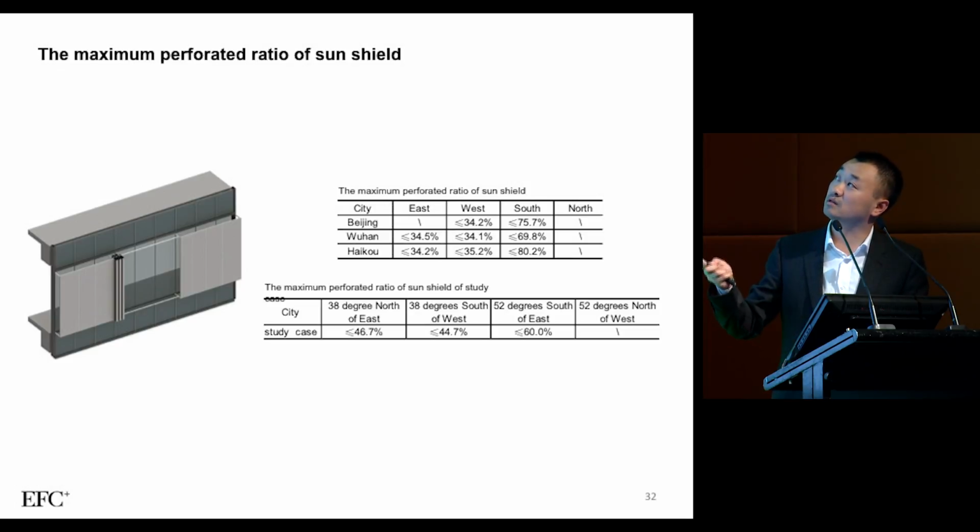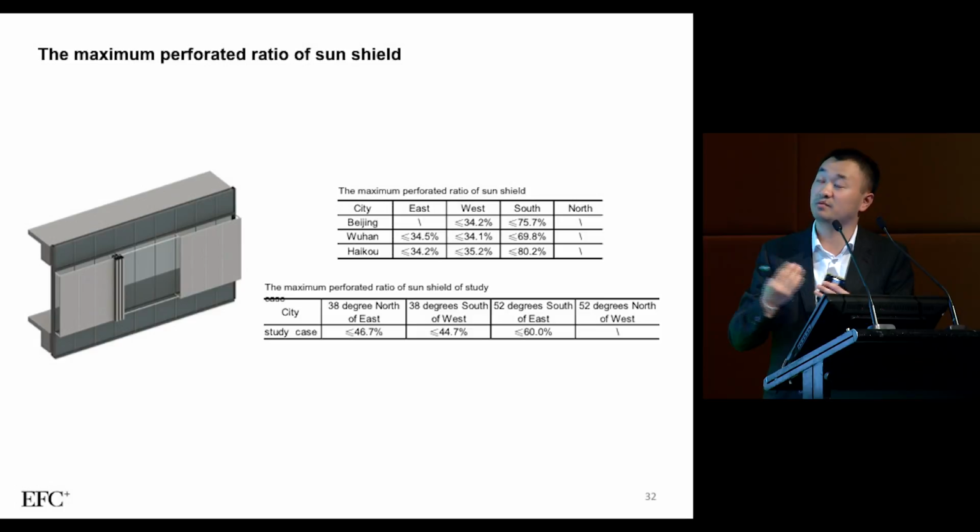So in Beijing, for the west side and the south side, the perforated ratio is suggested to be less than 34% and 75%. The east side and north side are not necessary for this kind of scheme, or maybe it's designed by the architect.